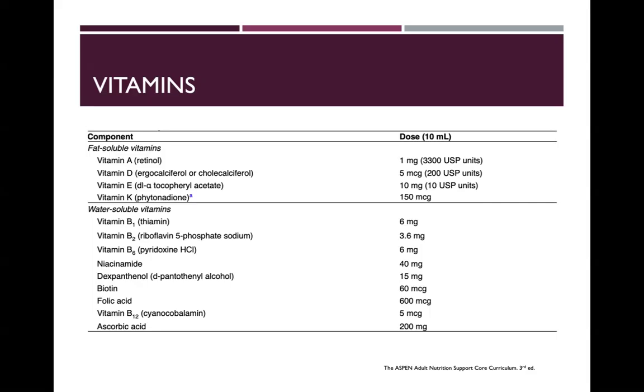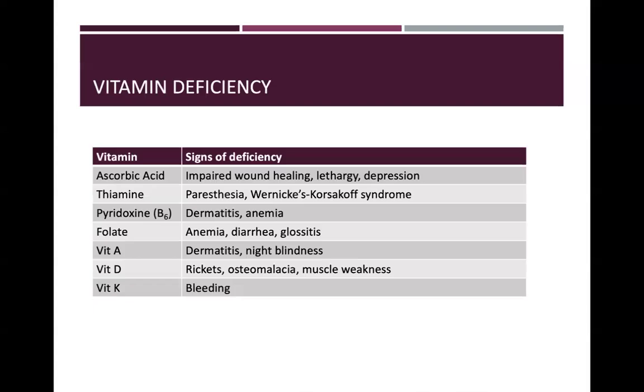Fat soluble are vitamins A, D, E, and K, and water soluble are mainly vitamin B and vitamin C, also called ascorbic acid. They are made to mirror our required daily allowances of vitamins. So if you're not receiving a sufficient amount orally or enterally, you're getting that through the parenteral nutrition formulation. Again, you don't have to memorize the numbers, but just understand that these are the ingredients.